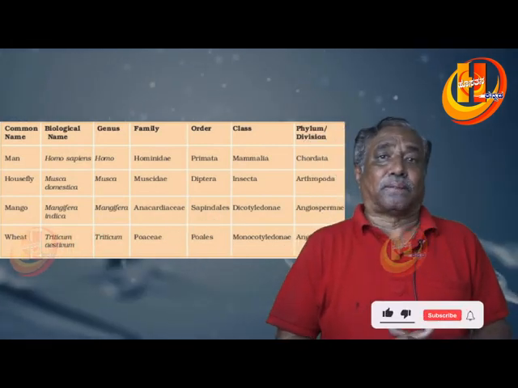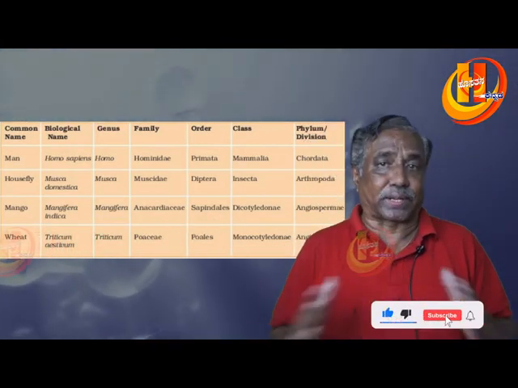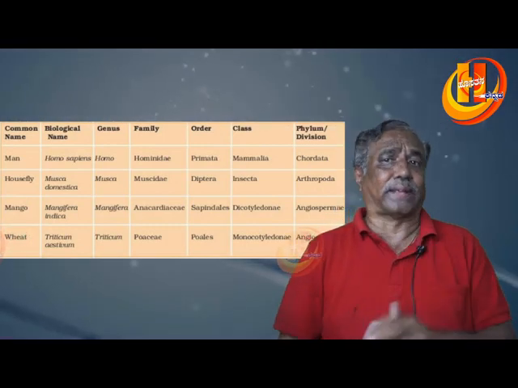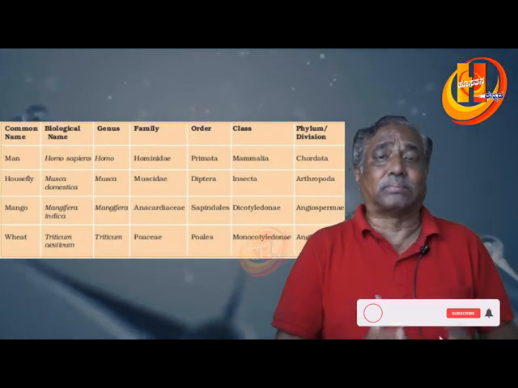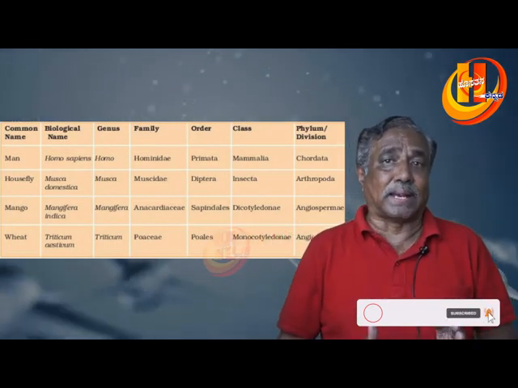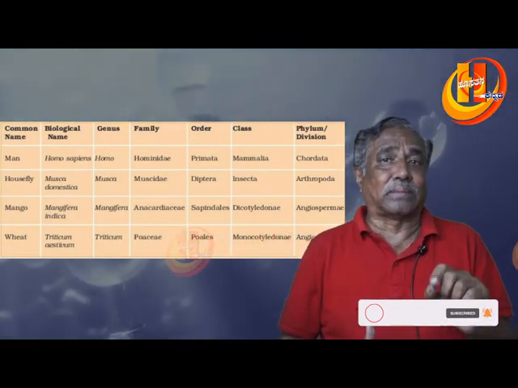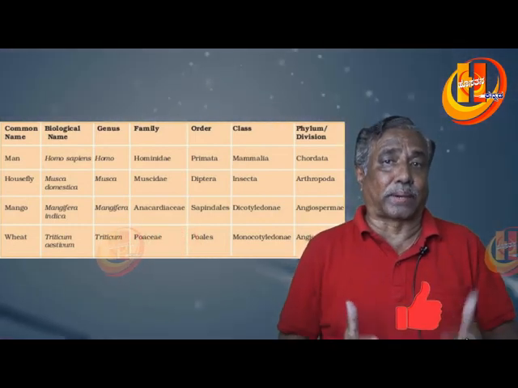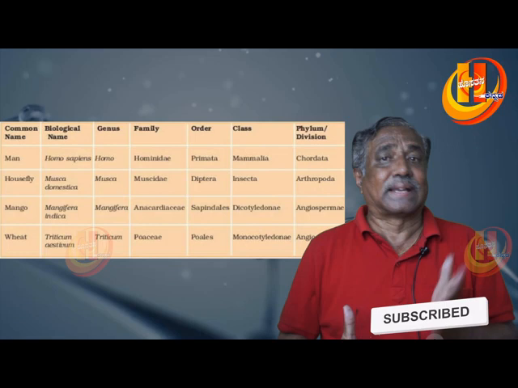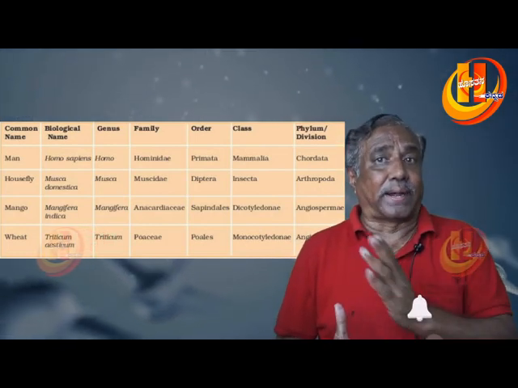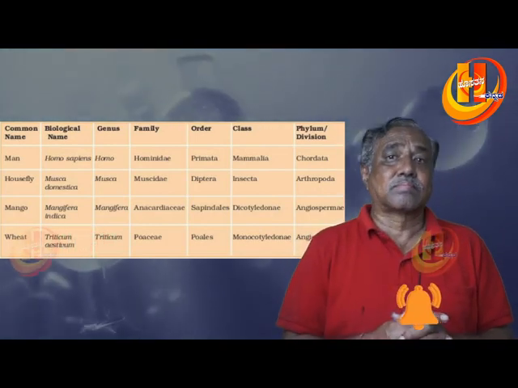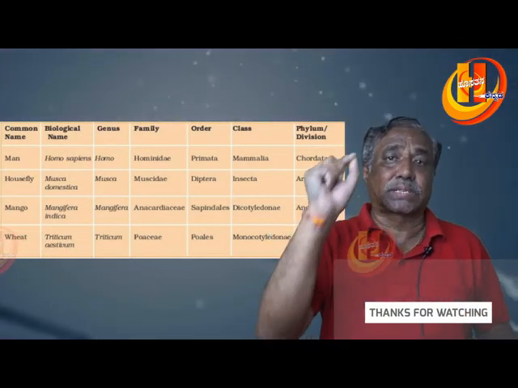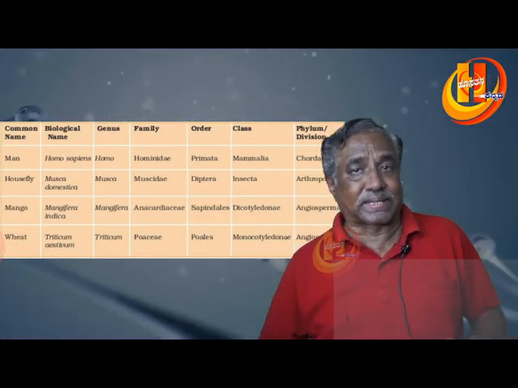And for Musca domestica, the housefly, classification is given. Kingdom Animalia, phylum Arthropoda, class Insecta, order Diptera, family Muscidae, genus Musca, species domestica.